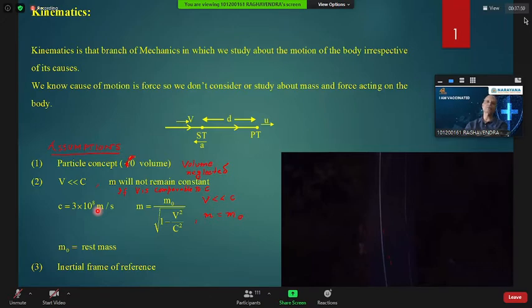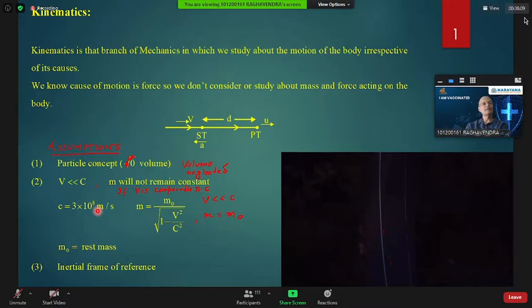I remember the question: with what velocity should a body move so that its mass becomes twice its rest mass, and the answer was root 3 by 2 c, that is 0.866 c.